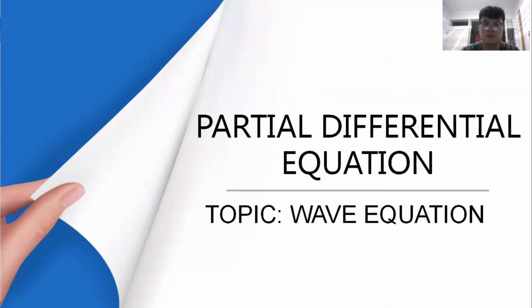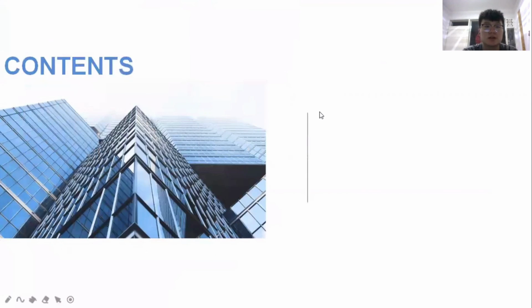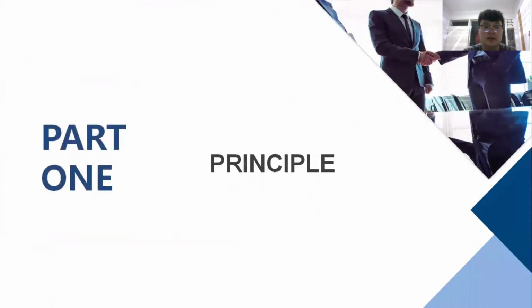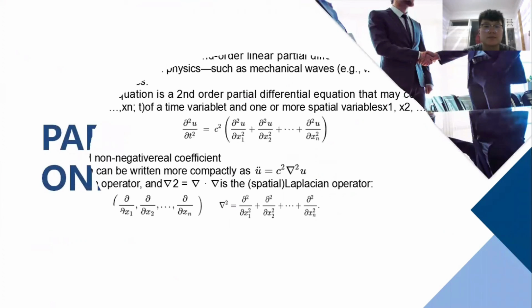Hello, my name is Guo Jiaqing. The matric number is 208938. For partial differential equations, my topic is the wave equation. These are the contents. Part 1 is the principle and part 2 is the application. For part 1, the principle.